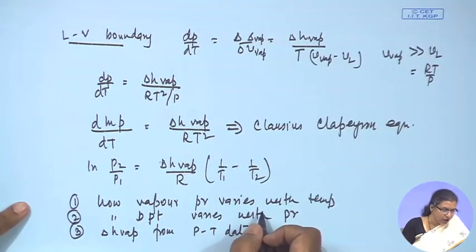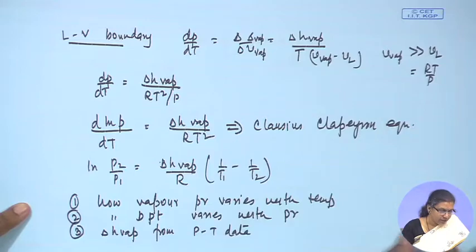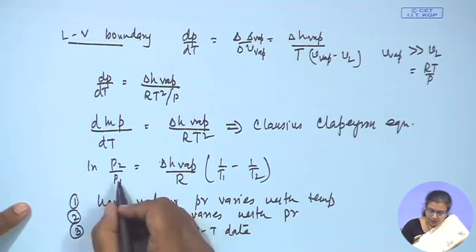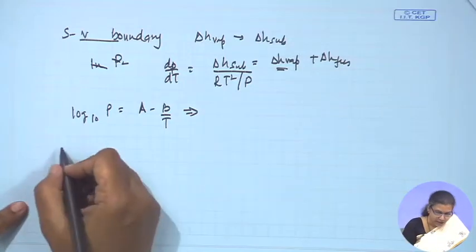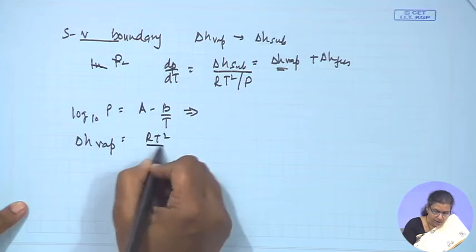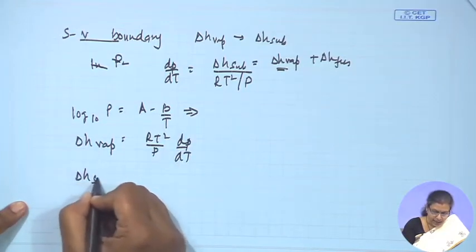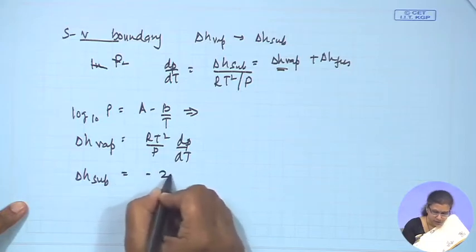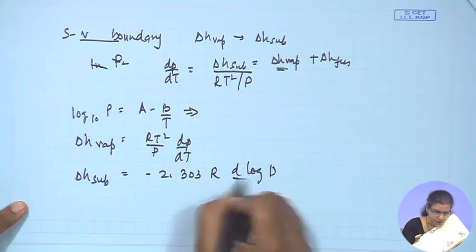We can find data on delta H vaporization as well as delta H sublimation, both of them, from the data. From here, if we try to find out delta H vaporization, it is nothing but equal to RT square by P dP dT. Similarly, delta H sublimation, we can write it down in this particular form.